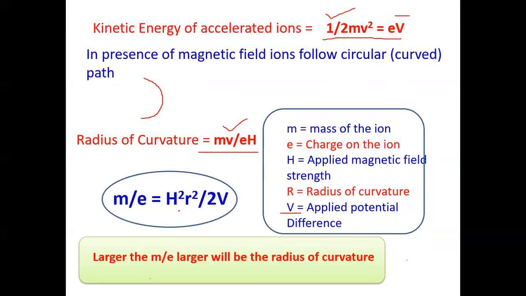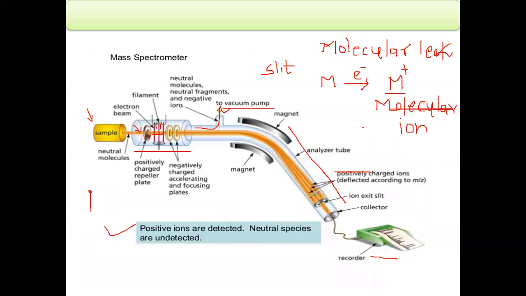When these ions are separated, the ions with large mass will have a larger radius of curvature. For example, see, this part will have a large radius.